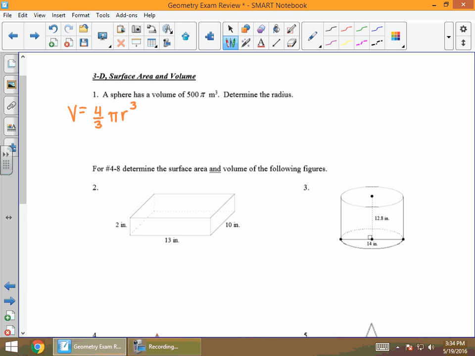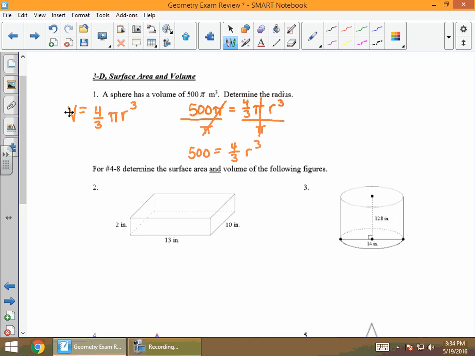If I know that the volume is 500 pi, and that has to equal 4/3 pi r cubed, the first thing I would do is divide both sides by pi. Those pi's would cancel. So 500 would equal 4/3 r cubed.